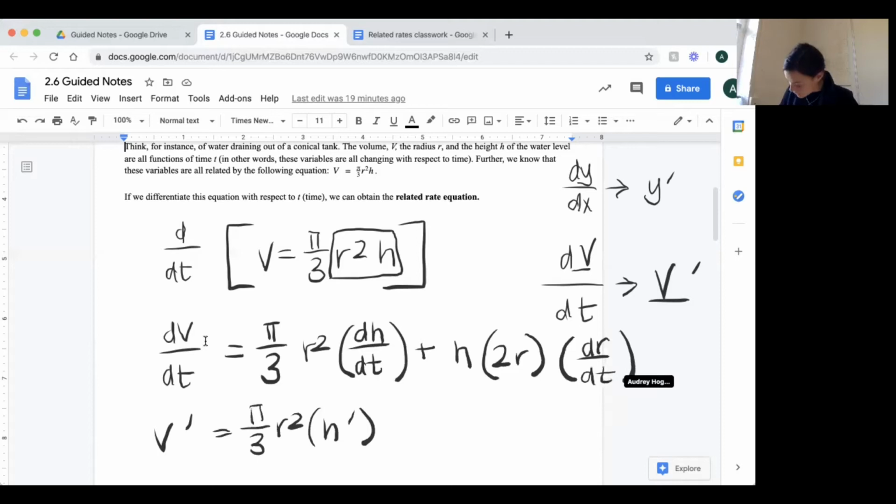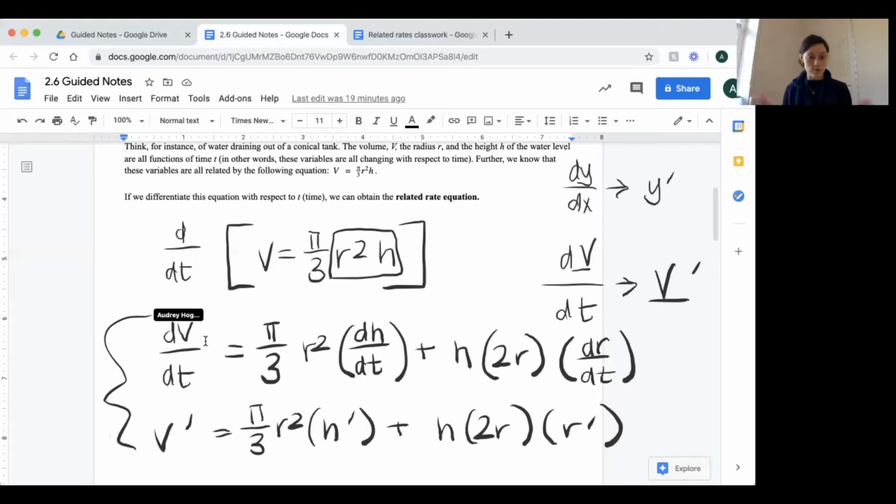So that could also be written as plus h times 2r times r prime. These two answers, which are equivalent, just depending on the way you like to do notation, are the related rate equation for volume. We've taken the derivative of the volume formula with respect to time. So keep that in your brain. That's important.